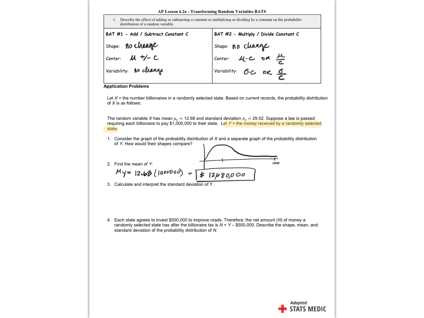It's multiplying, okay. Calculate and interpret the standard deviation, all right? The standard deviation of Y would be, the original standard deviation, they told us is 29.02 times 1 million. So 29 million.